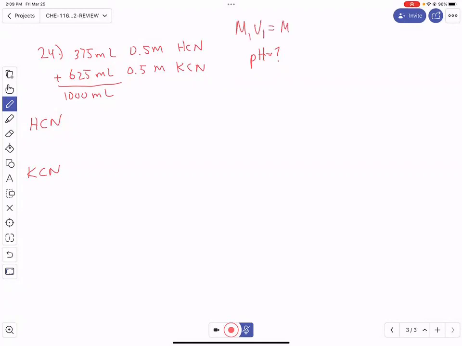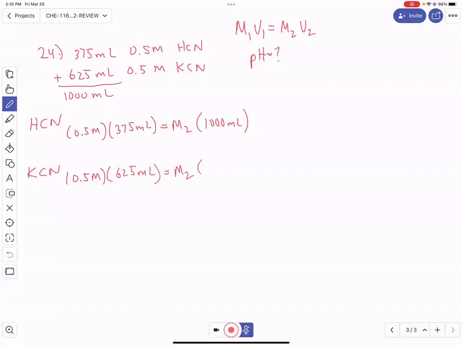M1V1 equals M2V2. So my original concentration is 0.5 molar. My original volume, 375. My new concentration, that's what I want to find at my new volume of 1,000 milliliters. Same thing for potassium cyanide. 0.5 molar, 625 milliliters.